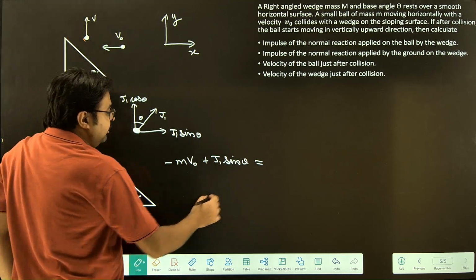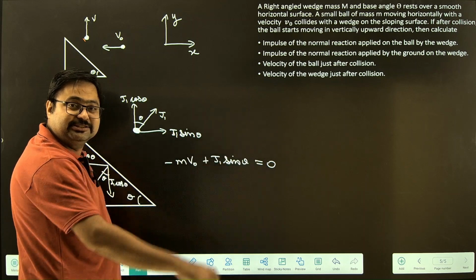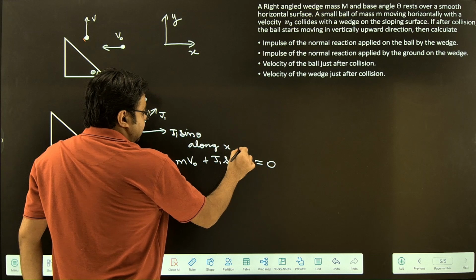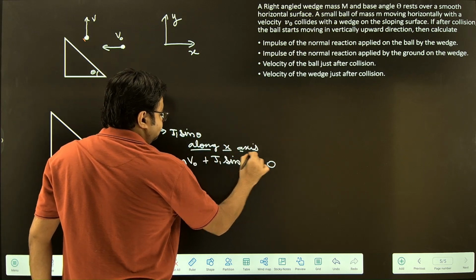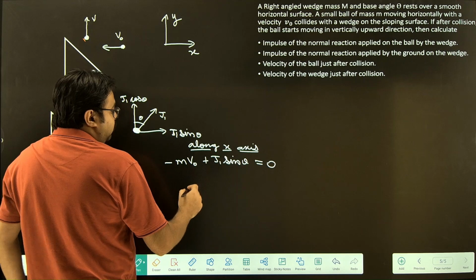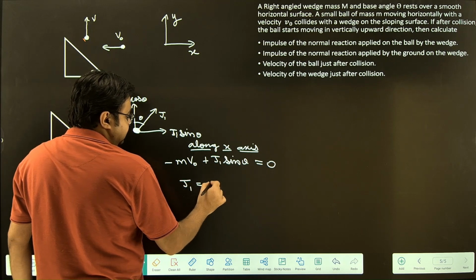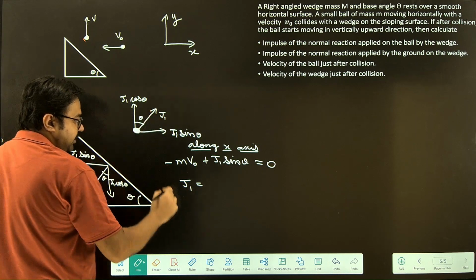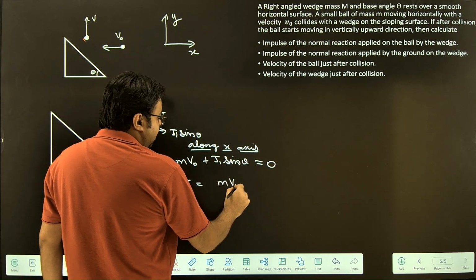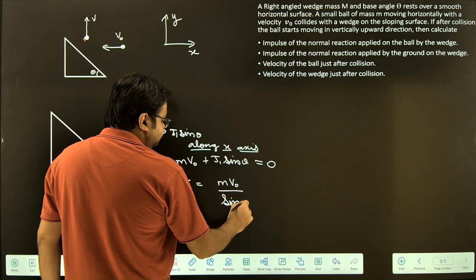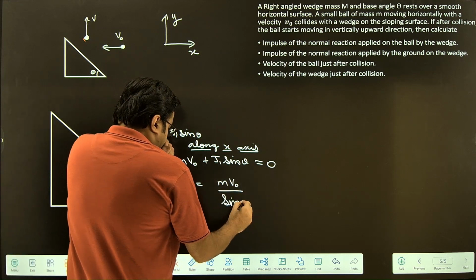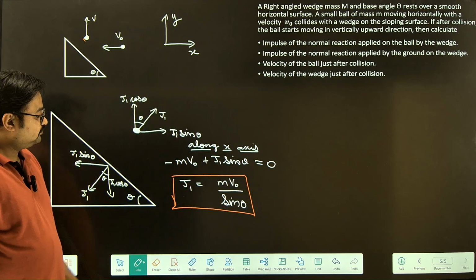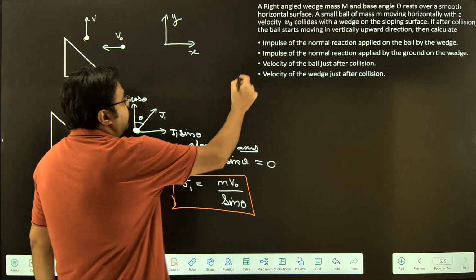It only moved along the vertical, so along the x-axis it is 0. You can calculate what J1 is now. J1 is the impulse due to the normal reaction, and that's equal to m v naught divided by sine theta. So this is the impulse due to the normal reaction. I think we've answered that question.